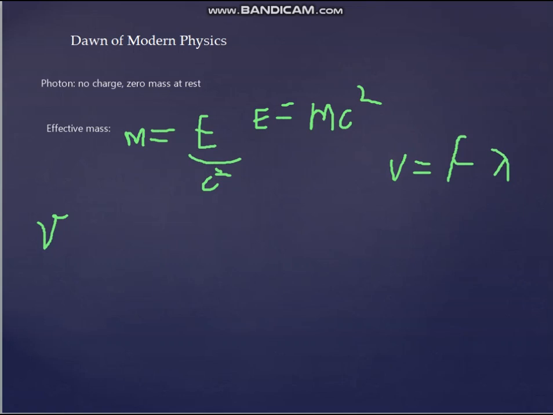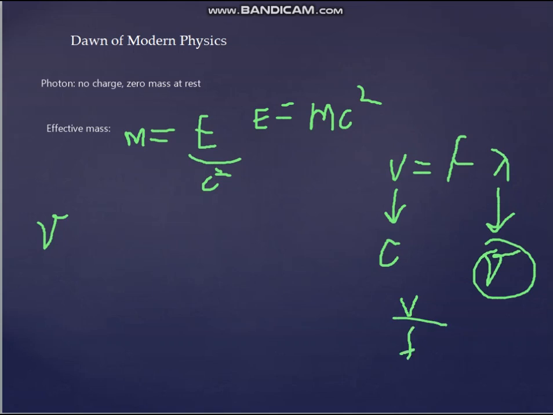So V is equal to f lambda, where V is the velocity, which for light is c, and lambda is wavelength. So mu will be equal to V over lambda.